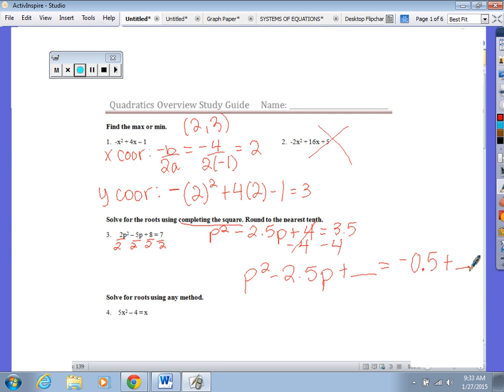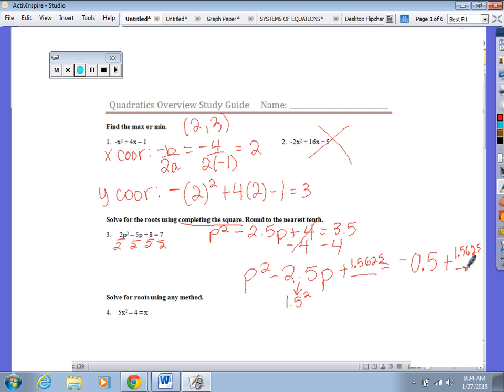How do I figure out what goes in my blank? What is 2.5 divided by 2? So 1.25 squared, and then what do we get? 1.5625. And I'm going to keep all of the decimals. The only time that we don't keep all the decimals is if it took up our whole calculator screen.